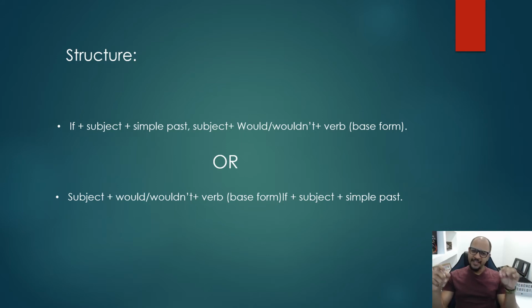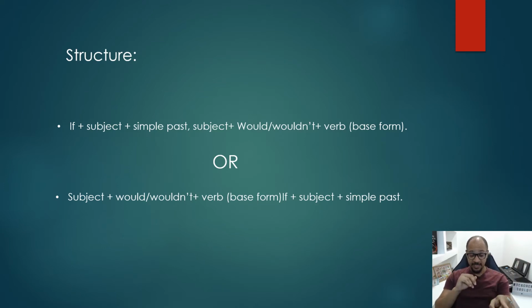So, if I start the sentence with the conditional clause, if, I need to separate the two using a comma. Right? Teacher, what about if I decide to put the result, the consequence clause, first? Okay, you can do it, no problem. But no comma is needed. No comma is necessary.